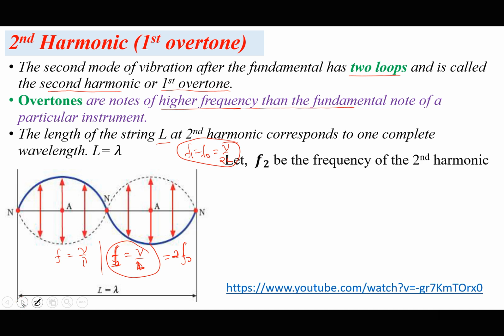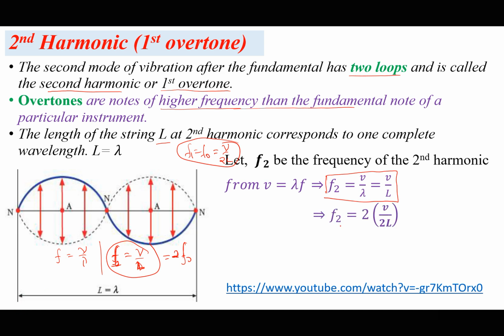If we let F2 be the frequency of the second harmonic, then from the equation V equals lambda F, F2 is equal to V over L, because there is one complete cycle in the length L, so the length L is equal to the wavelength. When I multiply the first equation, F0, which was V over 2L, by 2, F2 is twice V over 2L.